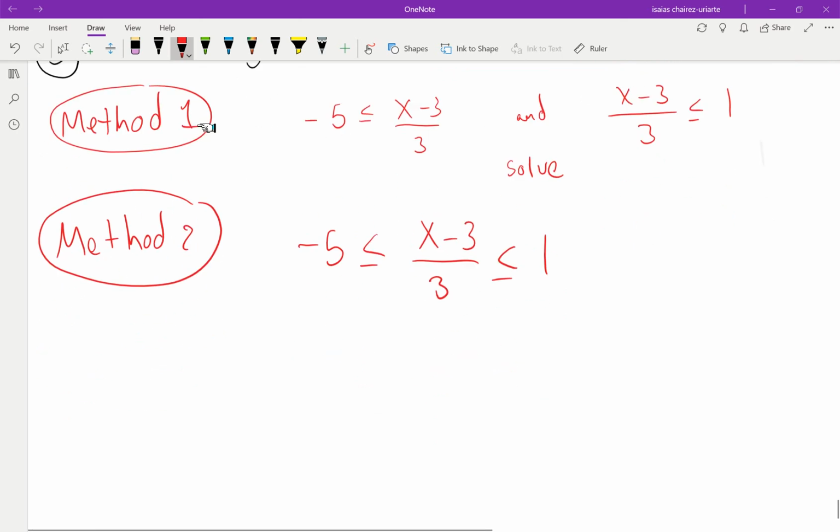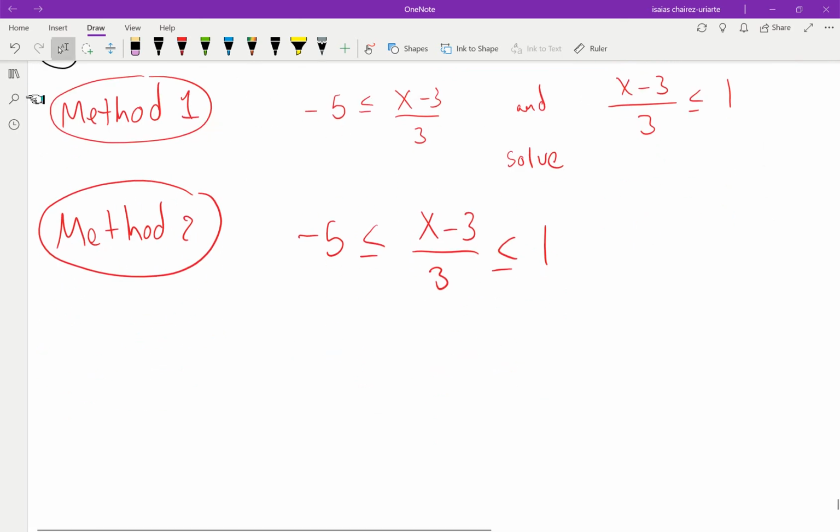Right now I have the left part, the middle part, and the right part. And whatever I do to one part, I have to do to the other two parts as well. So I want to isolate x if possible. To isolate x, I'm going to begin by multiplying all parts by 3. Keep in mind that if you multiply or divide by a negative, the inequality signs change, both of them. But right now I'm multiplying by +3, so nothing happens.